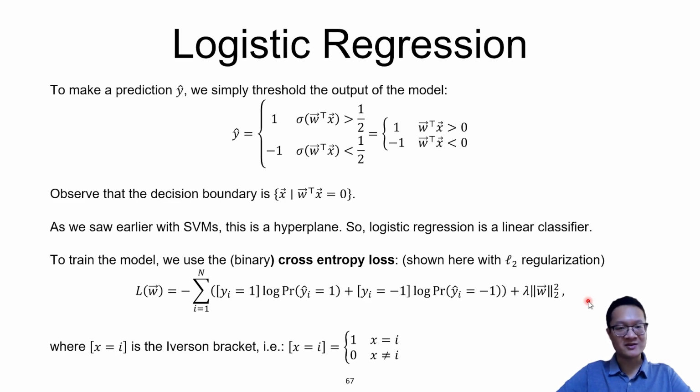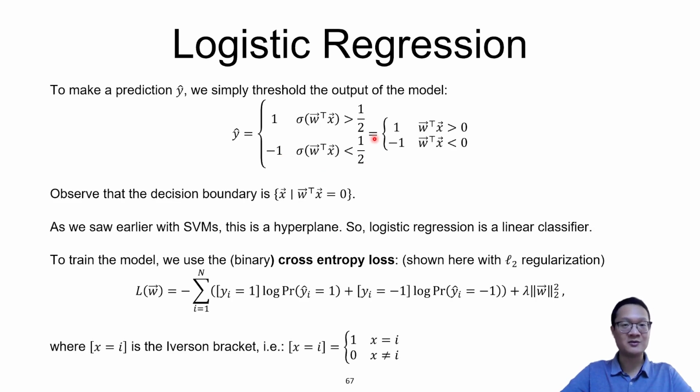In logistic regression, we have a model based on a sigmoid function sigma. After training the model, if sigma of W transpose X evaluates to more than 1/2, we predict 1. And if sigma of W transpose X evaluates to less than 1/2, then we predict -1.